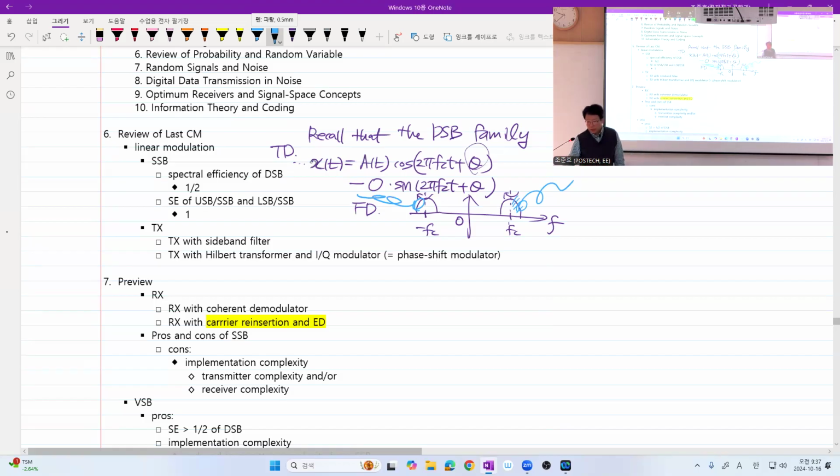Got it? So if you remove this right side part, then what happens? Do we lose any information? Which means that can we recover the message signal or not?